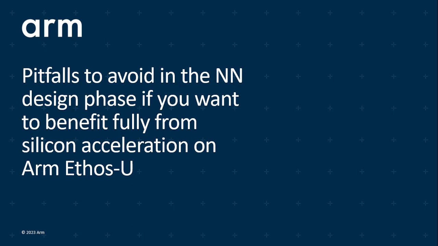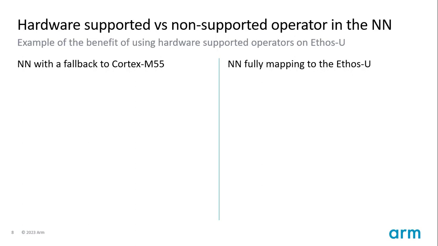So what are the pitfalls to avoid in the neural network design phase? As I was explaining, in the Ethos-U we have this notion of hardware-supported operators. And it is really beneficial when you design the neural network to be aware of what operators can be accelerated in hardware.